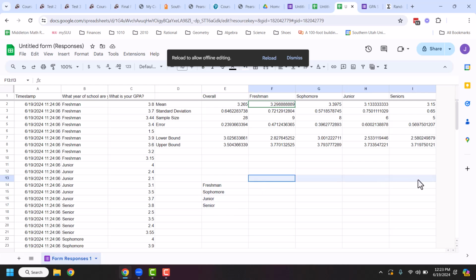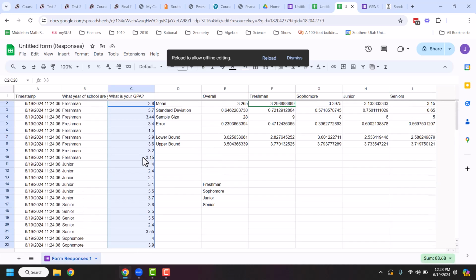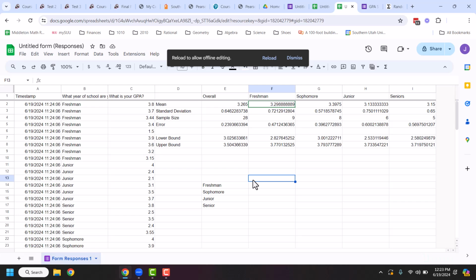Then I need to create my other categories. Now, since my GPA is number values, it's kind of hard to create categories because all of the numbers are different. But what I could do is lump them together. So maybe I might say, okay, I'm going to look at GPAs between 0 to 0.5.